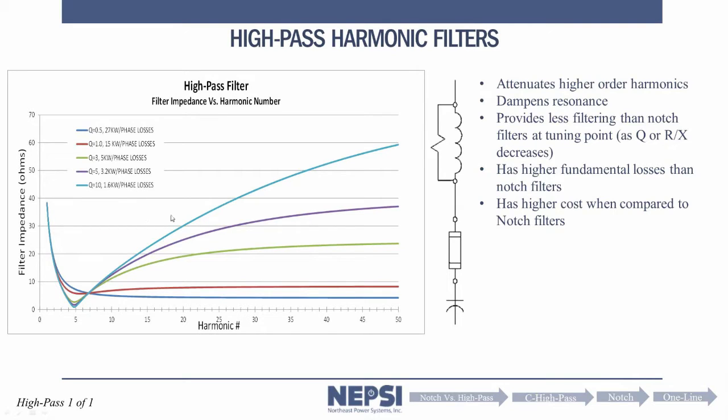Okay, so a C high pass filter is very, very typical of systems, especially those that are tuned down in the second and third harmonic, that you would see in mine applications or in arc furnace applications, where you're trying to do low frequency tuning and there's a high fundamental loss.